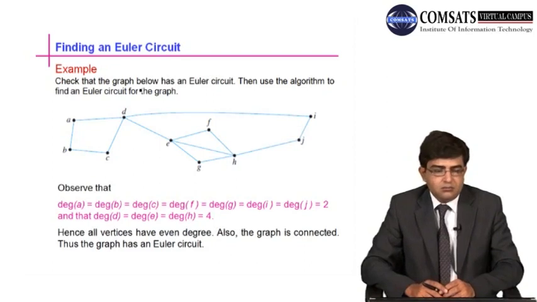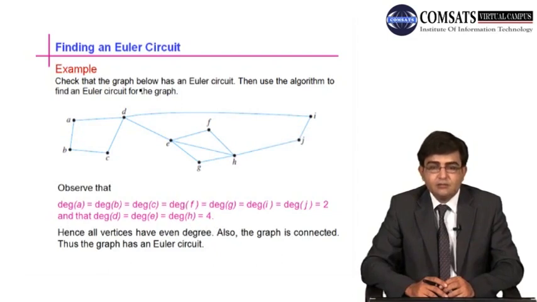Now we check all the vertices and their degrees. How many vertices are there in this graph? 1, 2, 3, 4, 5, and so on up to 10. So there are 10 vertices in this graph.